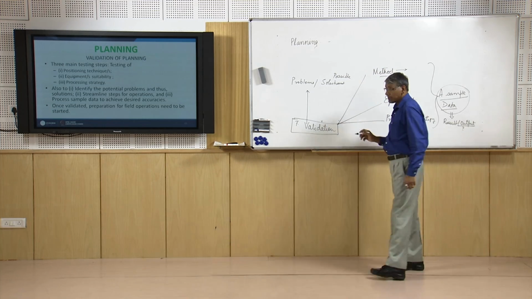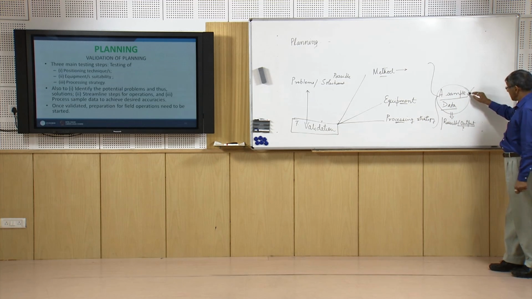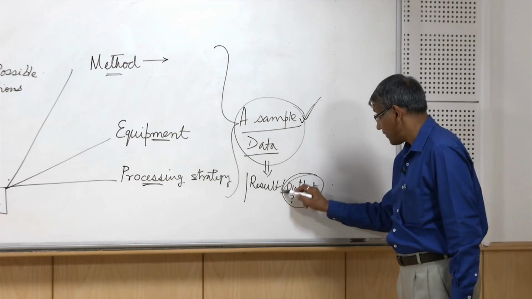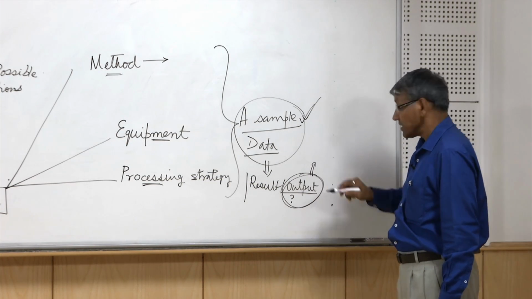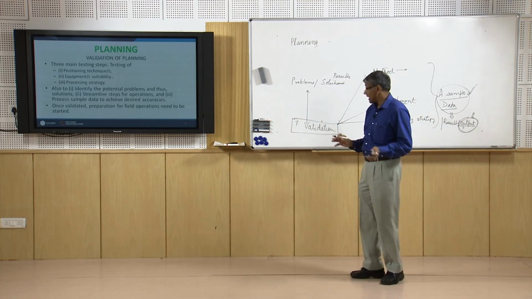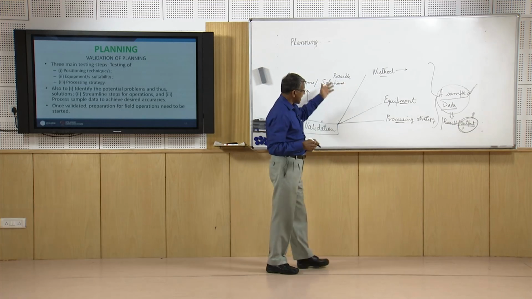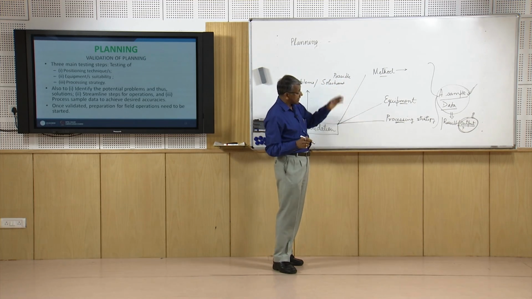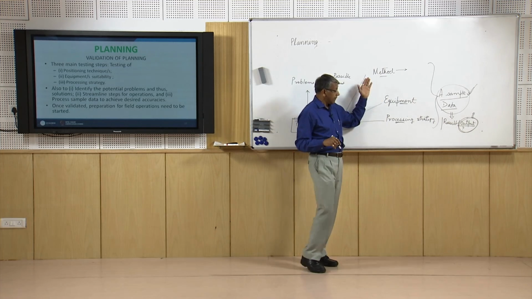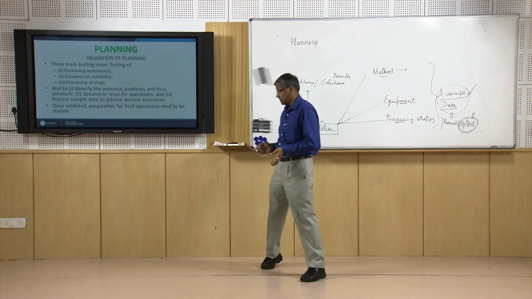So, finally we have to go for processing of sample data, and we have to see whether the output is meeting the standard specification or not. If it is not, then we have to change our planning process and redo the thing iteratively, so that our method, equipment and processing strategy lead to a final output which is of standard specification.